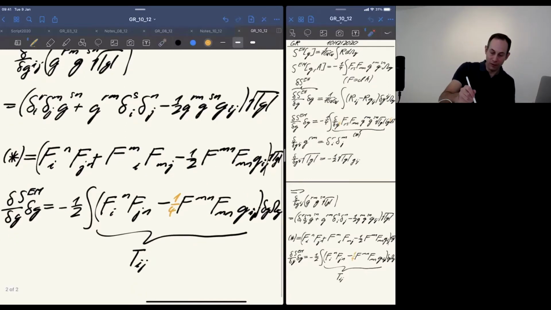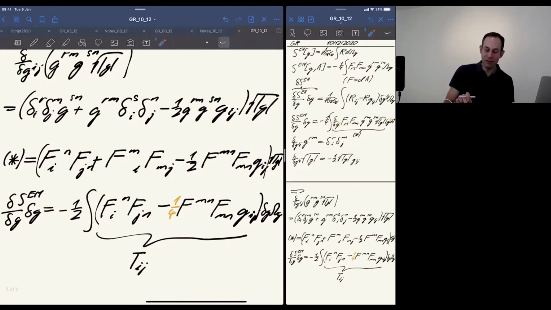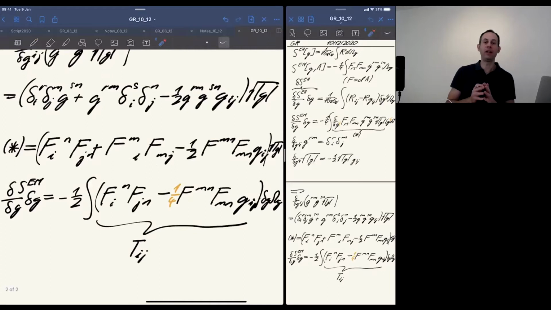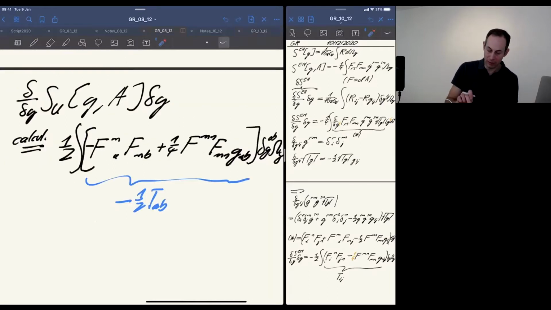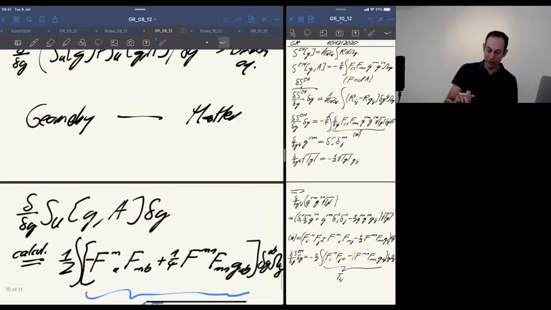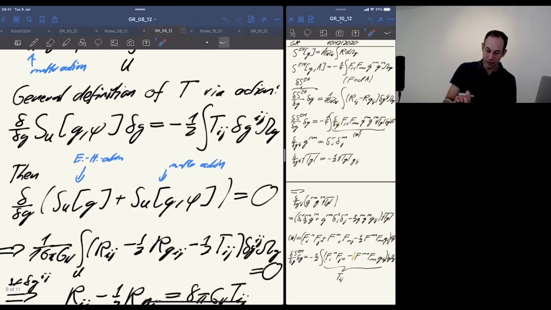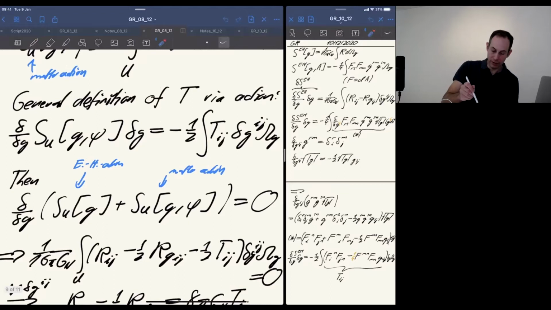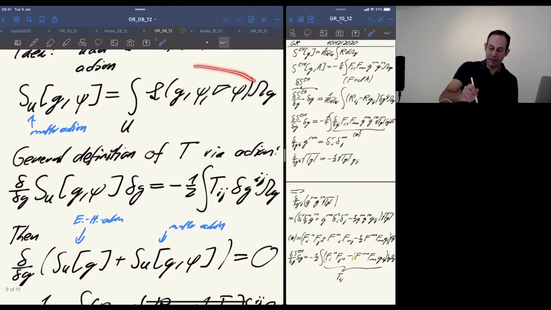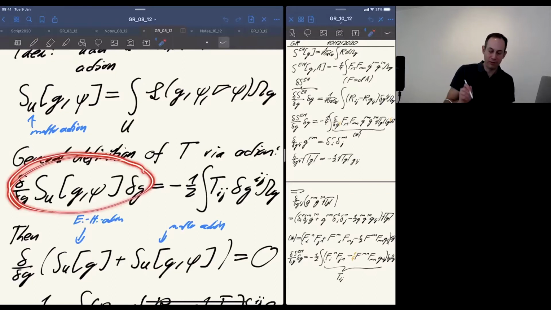And you see this 1/2 comes in from the definition of Tij that I also gave you last time. If we make a variational principle, and I'll briefly go back to this, if you have a general variational principle with some Lagrangian density, which is now a concrete one in the particular case of the electromagnetic field, and we take the derivative with respect to the metric, then we get something of this form, and we define the Tij in terms of this equality.